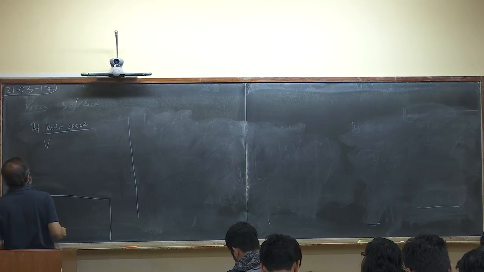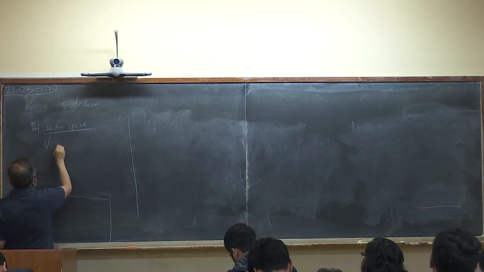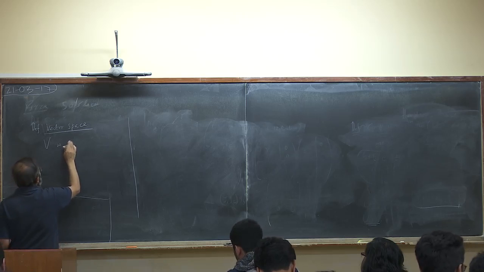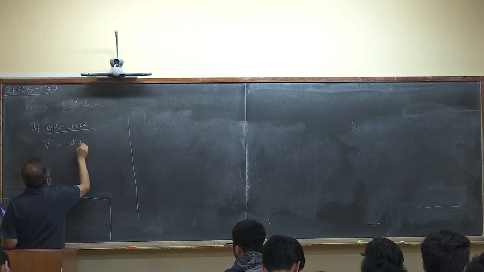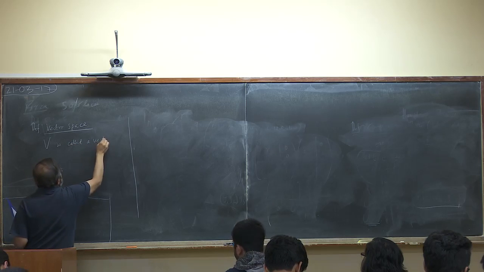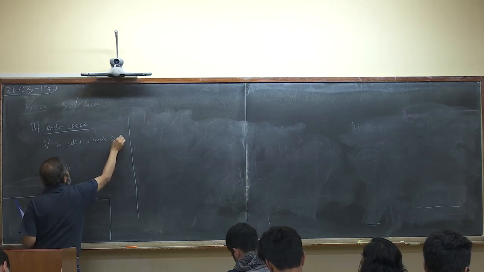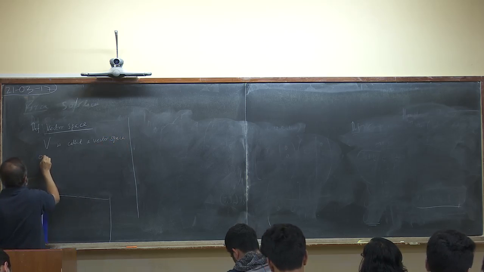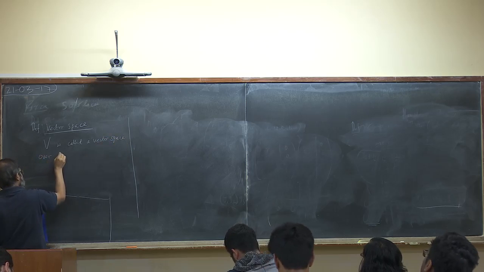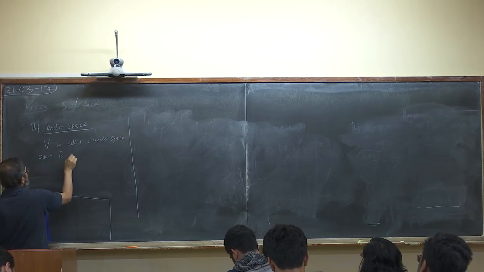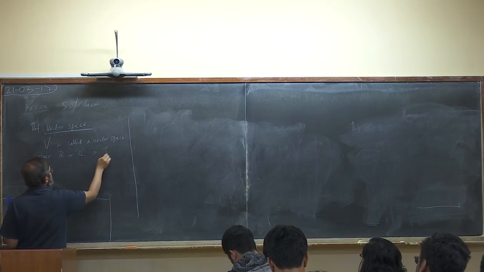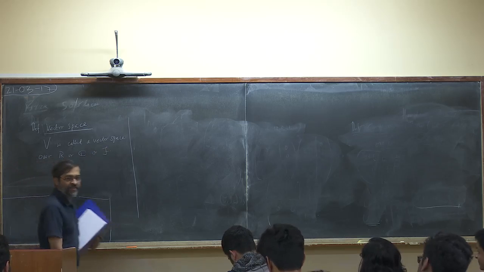So it is a set V, called a vector space over real numbers or complex numbers, or more generally some notion called a field.